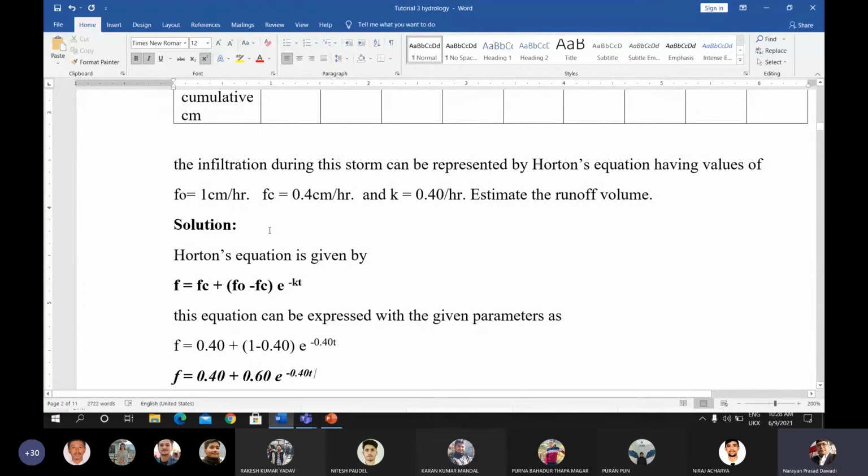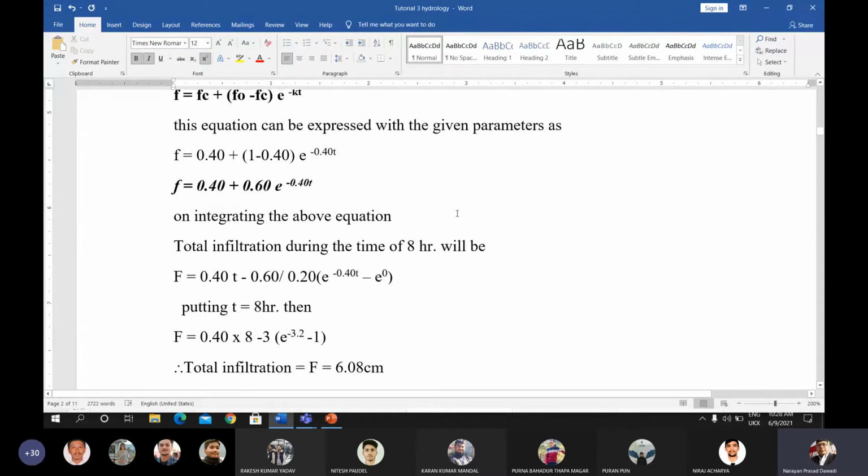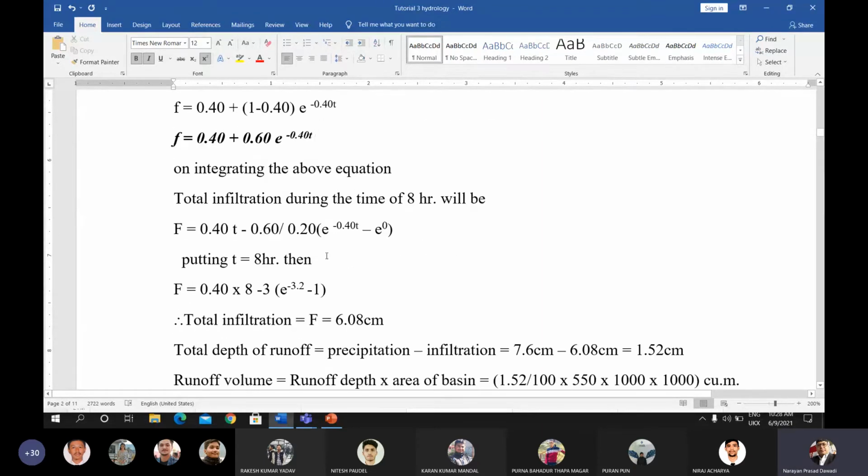F naught minus Fc, 1 minus 0.40, becomes 0.60. E power minus k, where k is given as 0.40 per hour. The equation will be like this.